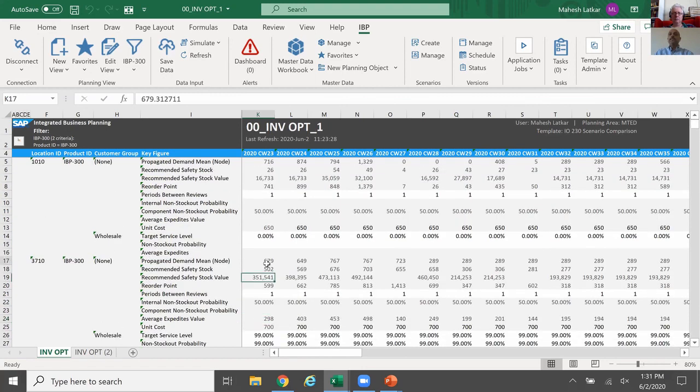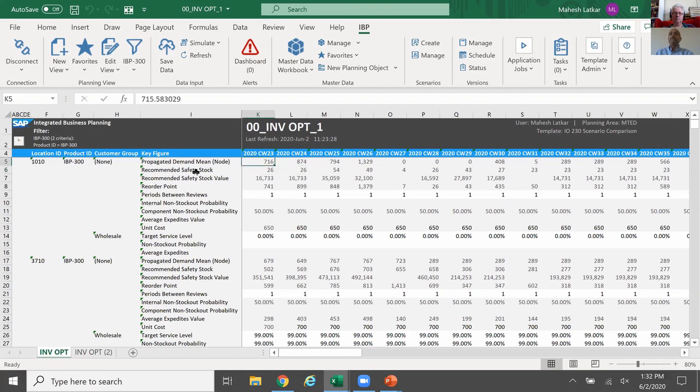Then we'll go back now to the manufacturing plant. As I said, it does a kind of MRP run in the backend and propagates the demand at each location. So now we had this propagated demand at the DC. Now it will go back to your manufacturing plant. And based on this demand, it will come up with a new safety stock recommendation at the manufacturing location. The way it calculates recommended safety stock is a simple calculation: your safety factor, which is the Z factor, multiplied by the standard deviation of the demand during lead time.